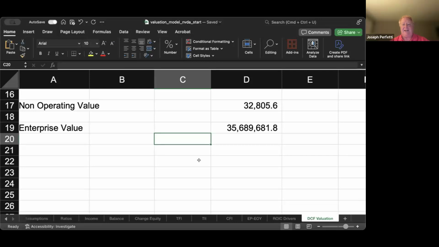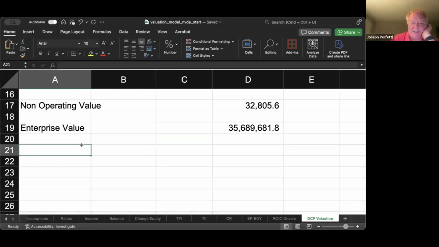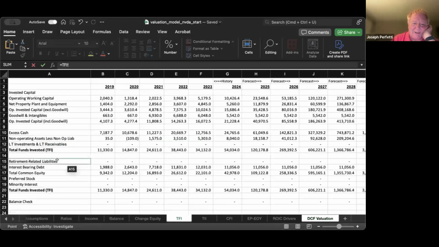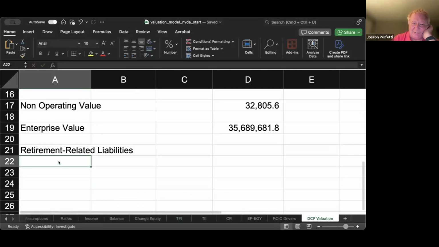If we pay off all the debt and all the non-common shareholders, what we're left with is the common equity value. So what are the debt holders that had to be paid? Again, this is where TFI helps us. Equals TFI. We had to pay off retirement-related liabilities. Equals TFI.